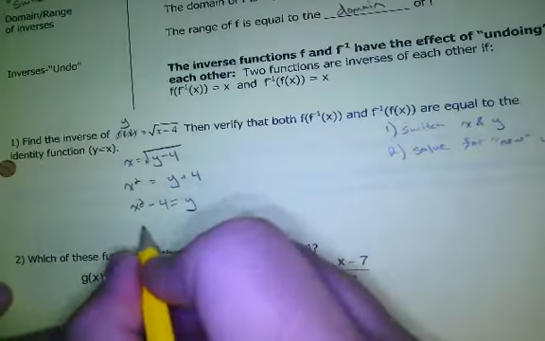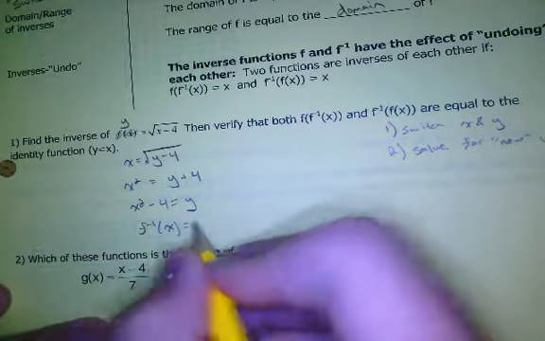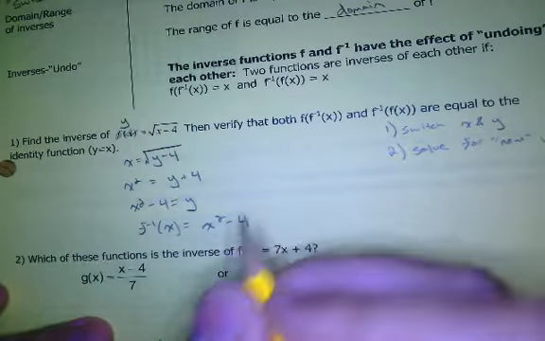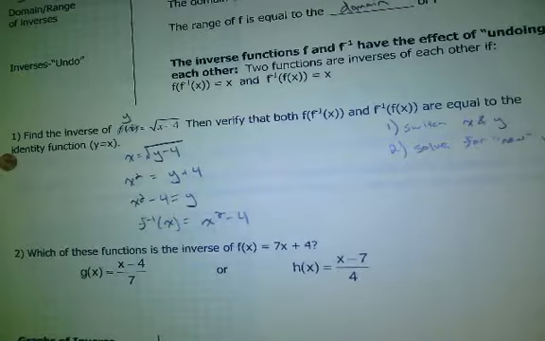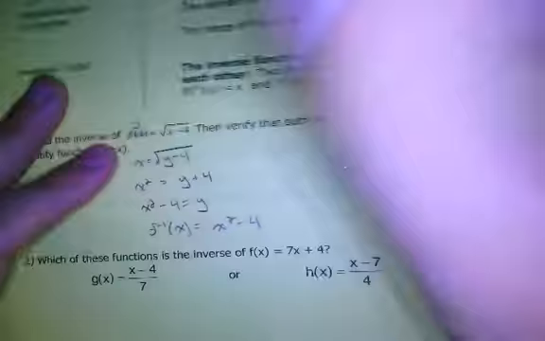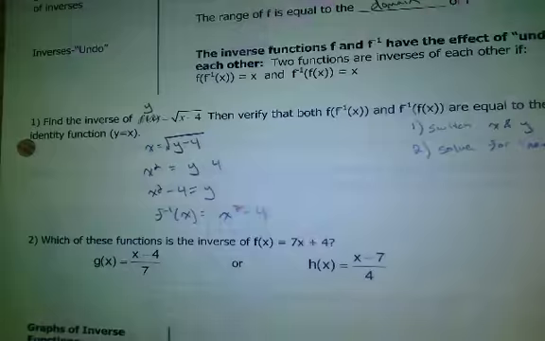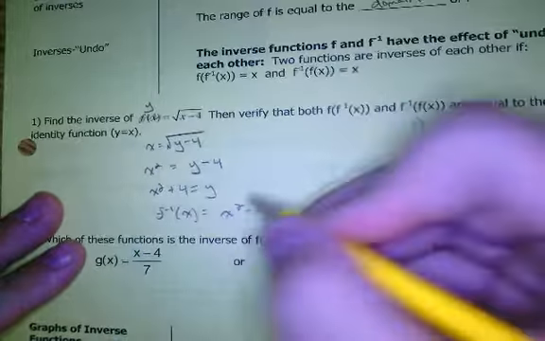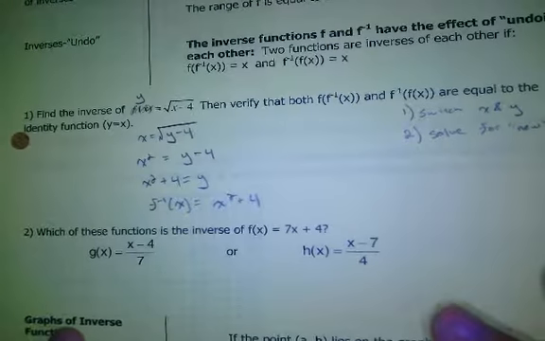To write this out technically, f inverse of x is equal to x squared minus 4. Plus 4? Oh, because over here I wrote the wrong thing the entire time. Typo. We call those typos in my business.